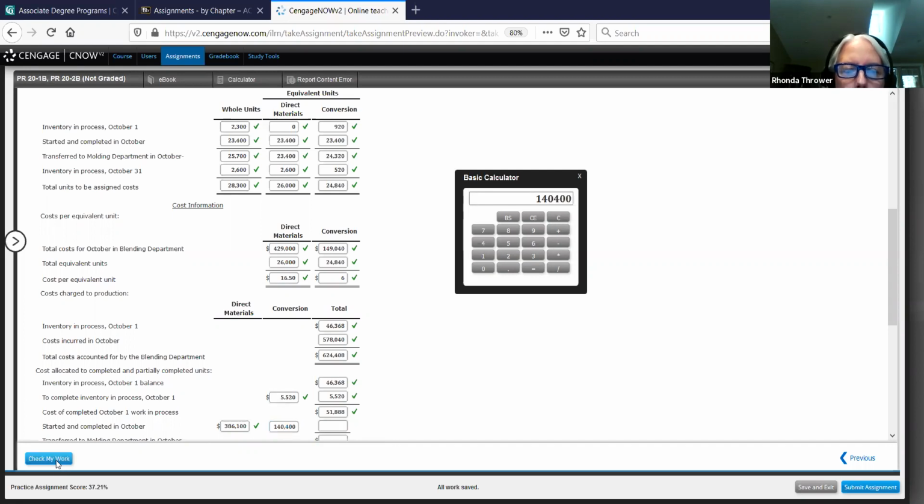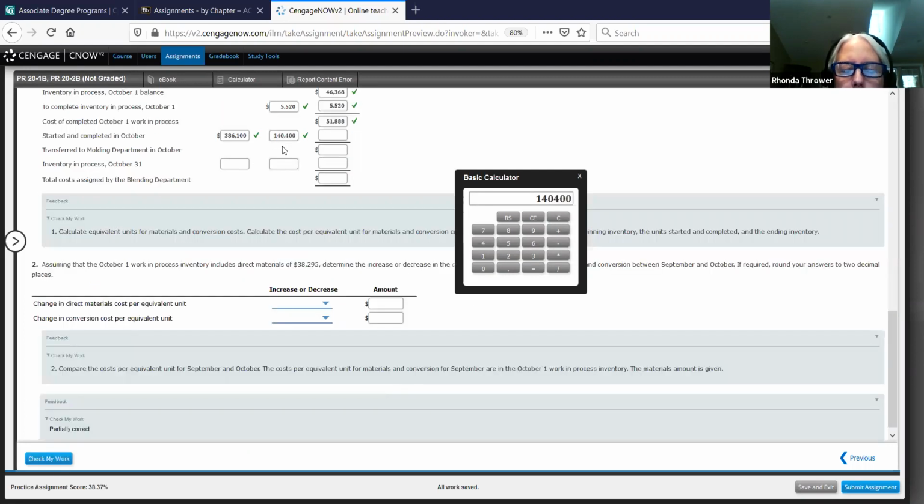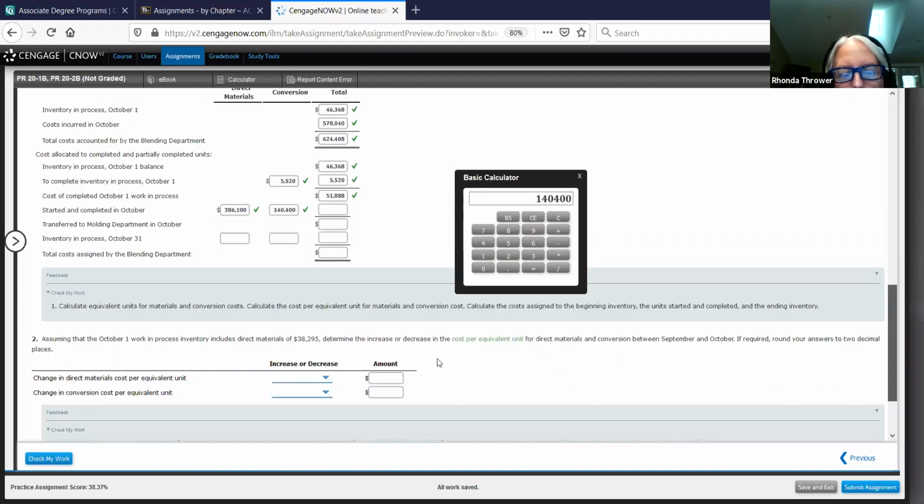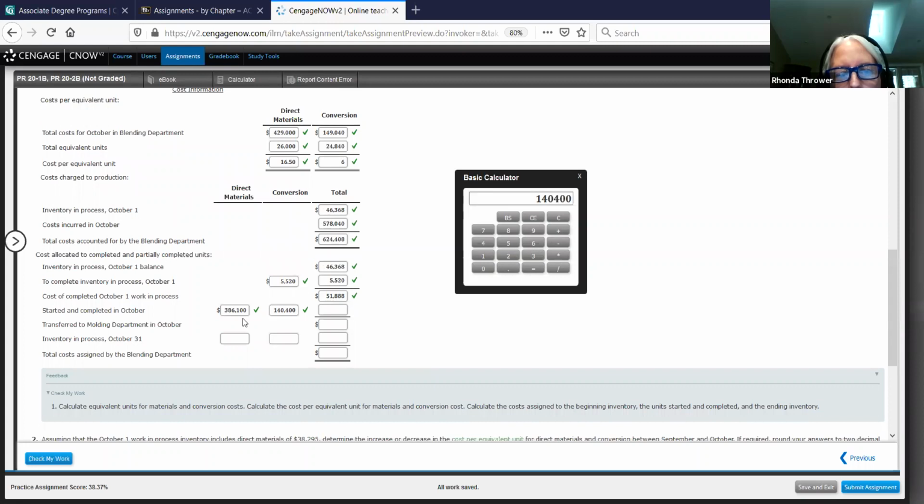Again, I would check my work just to make sure your math is correct here. Then I'm going to add my materials and my conversion cost together to get the total cost of my started and completed units.